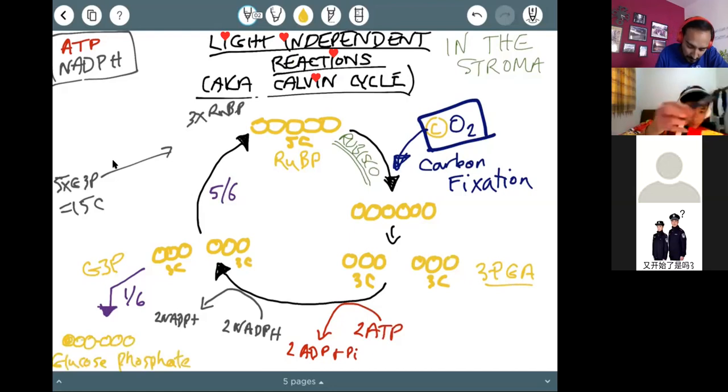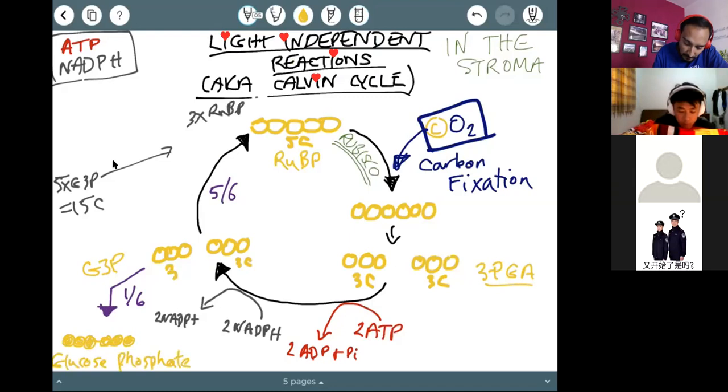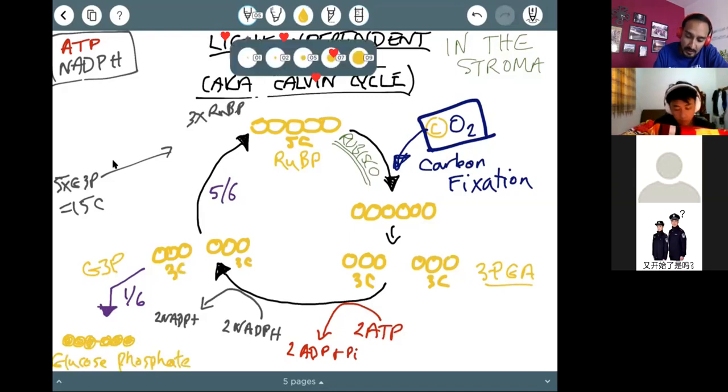The 1/6, is it 1 out of 6 carbons, or 1/6 of the cycle? 1 out of 6 G3Ps. Okay, so for every 6 G3Ps that we make, one of them goes out of the cycle and becomes part of glucose phosphate.